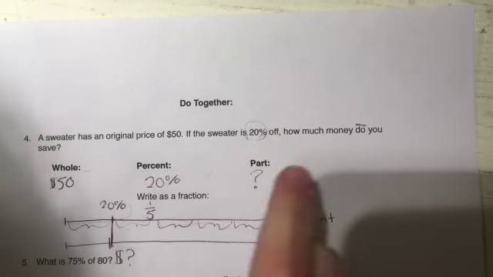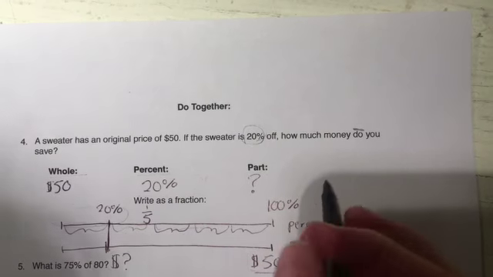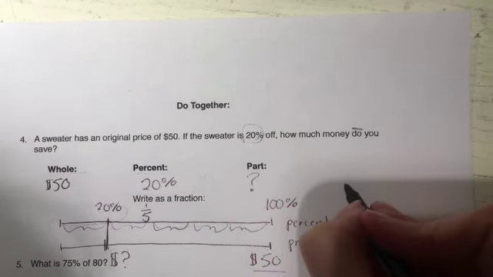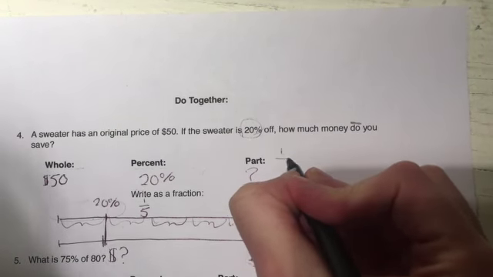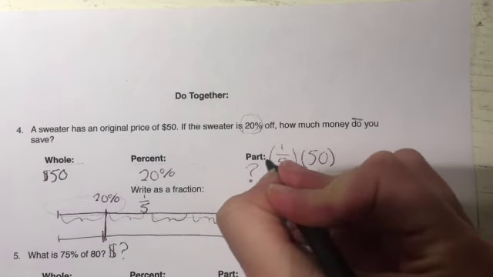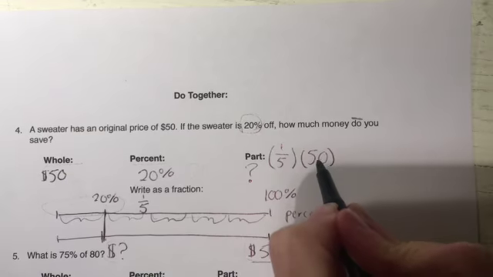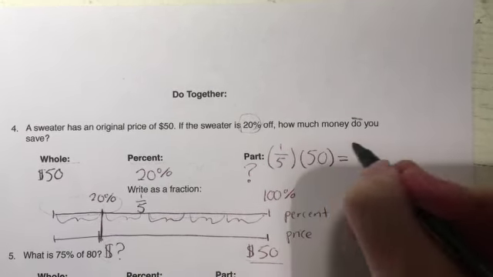So if we're taking 1/5 of our percent, we also have to take 1/5 of our price. So what we're really asking is, what is 1/5 times 50? And that is going to give us our part. 1/5 of $50.